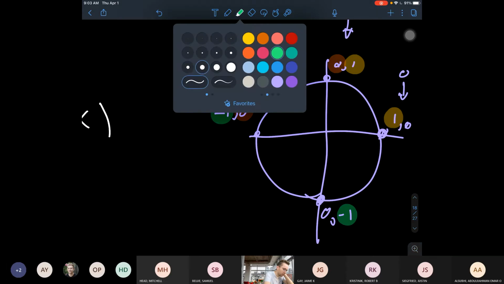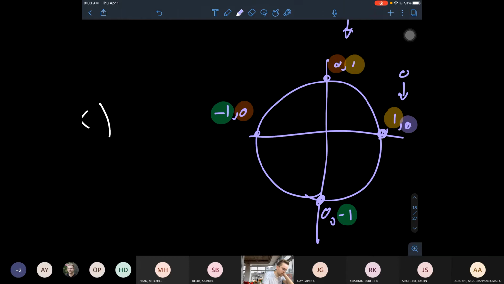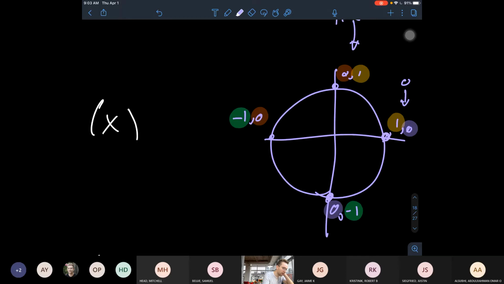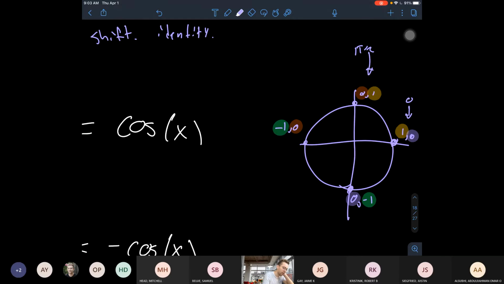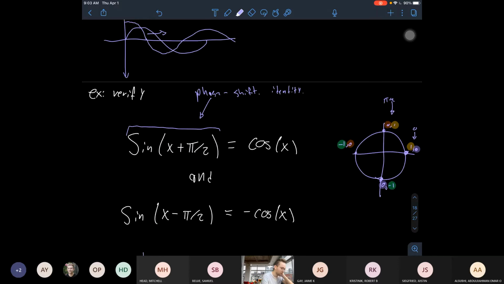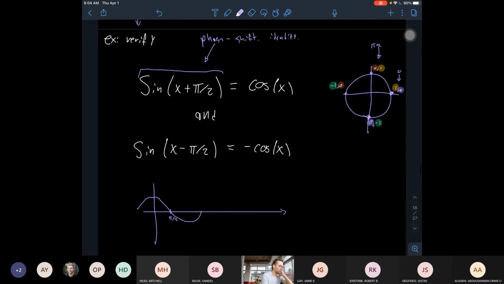And then again, finding out our colors, this y value here of 0 has the same y value as this point down here has x value, right? And if we just go around in a circle, the sine pattern is 0, 1, negative 1, 0, 0, 1, 0, negative 1, and so on and so forth. And then the cosine pattern looks really similar, right? So that's another way to see that.